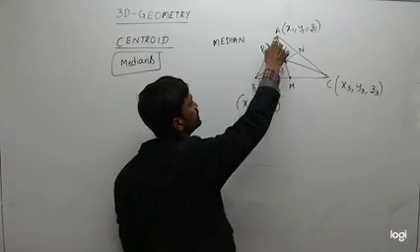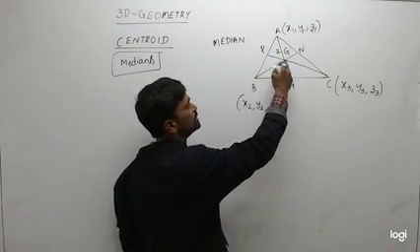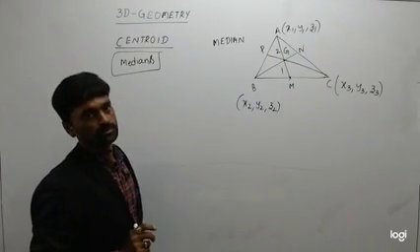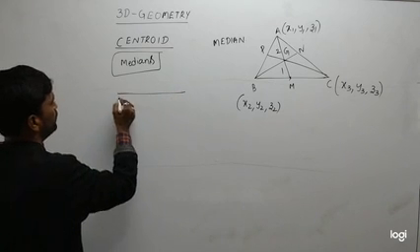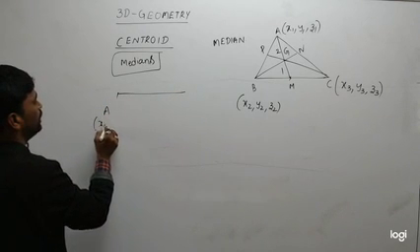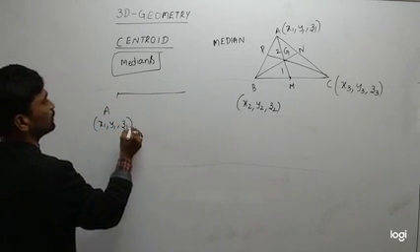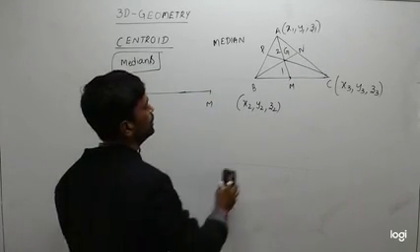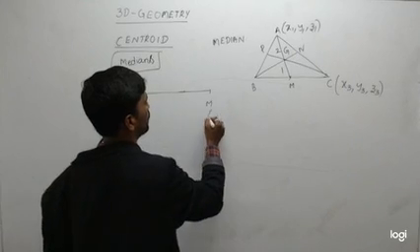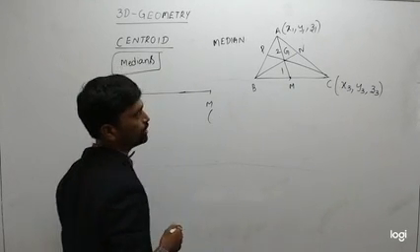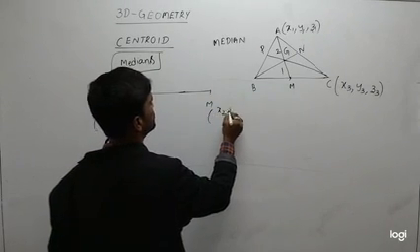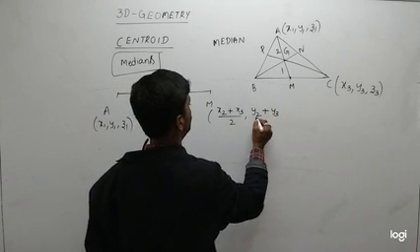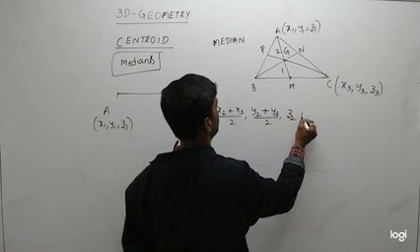That is, AG is to GM is 2 is to 1, BG is to GN is 2 is to 1, CG is to GP is also 2 is to 1. A point is x1, y1, z1. And M is the midpoint of BC. Using the midpoint formula, the coordinates of M are (x2 + x3) / 2, (y2 + y3) / 2, (z2 + z3) / 2.